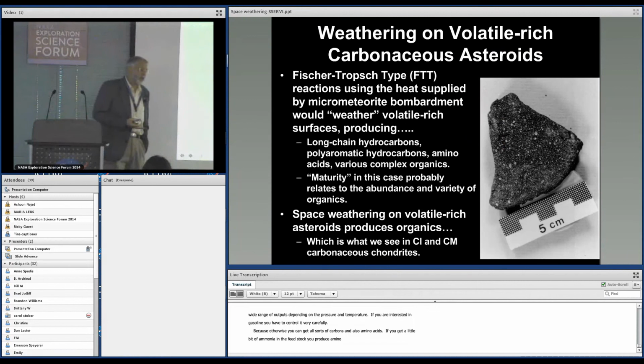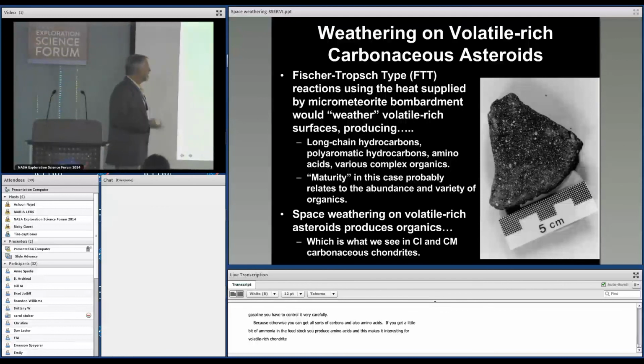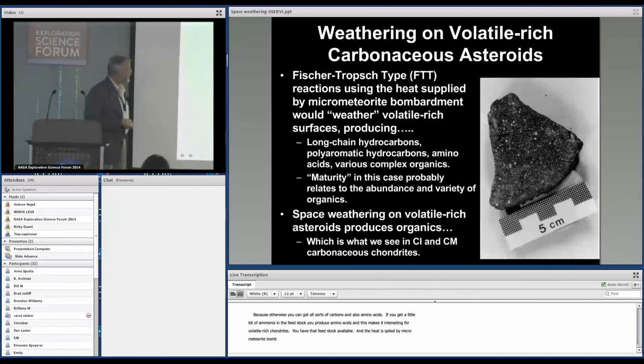And this makes it interesting for volatile-rich carbonaceous chondrites because you have that feedstock available. You have the CO and the water and the ammonia. And the heat is supplied by micrometeorite bombardment. And your weathering in volatile-rich surfaces would essentially create these long-chain carbons, amino acids, and various complex organics.